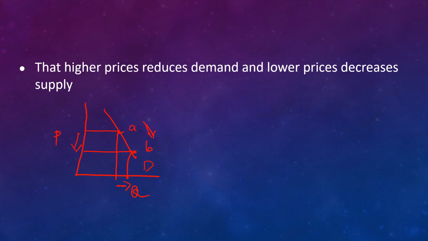And what about supply? Again, here quantity, price. This is your supply. Supply, again, let's compare two points, C and D. At C, at this particular price, only this much quantity is being sold.